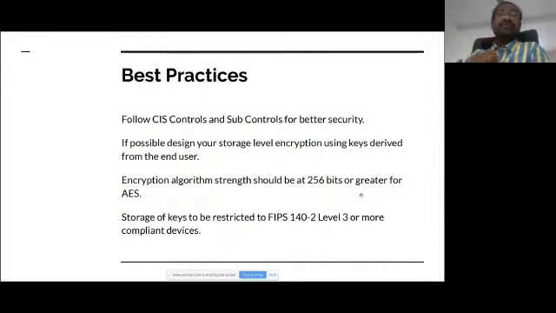Okay, if possible, design your storage level encryption using keys derived from the end user. That's a very unique solution. I've used this design for almost a decade now, and it works extremely well in a privacy scenario, wherein the key that you use to encrypt a particular record of a user is in fact derived from the user attribute himself. So until the user logs in, you can't open up the data.